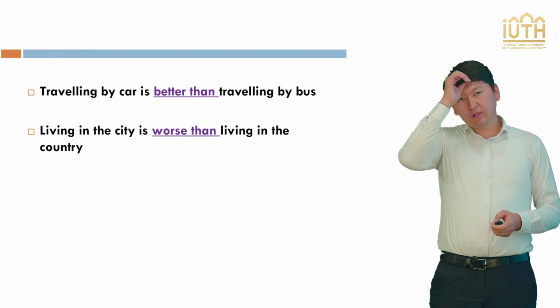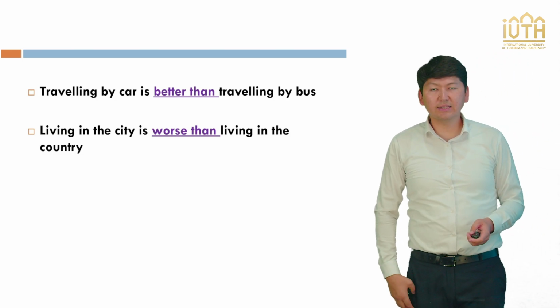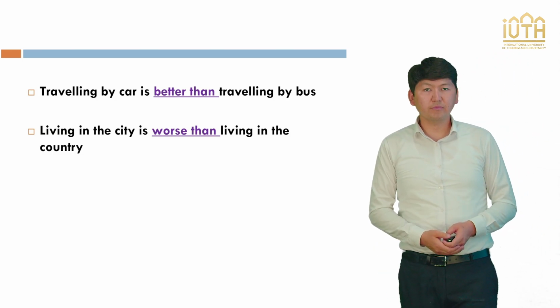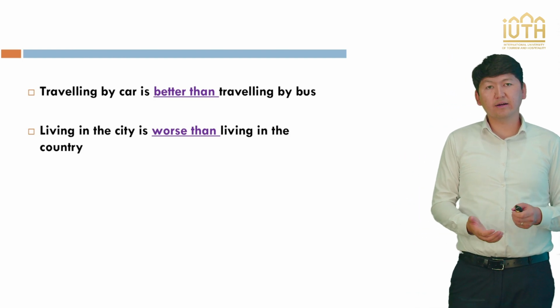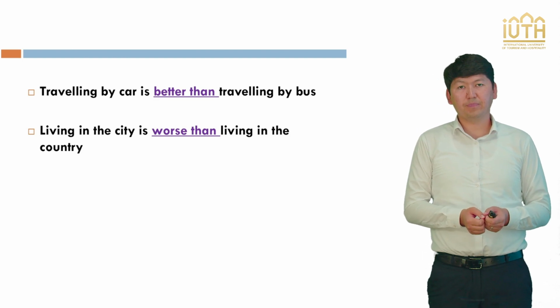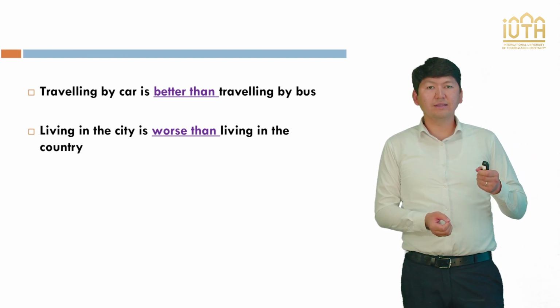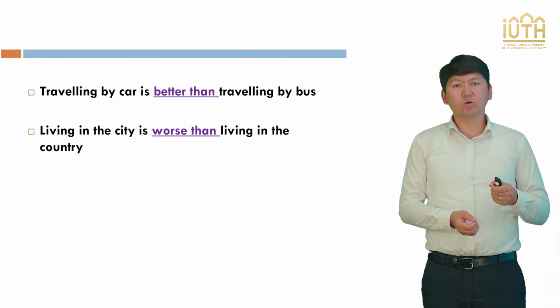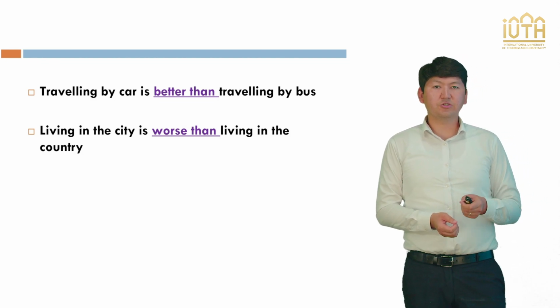Now let's look at these examples. Traveling by car is better than traveling by bus. And next example, living in the city is worse than living in the country.